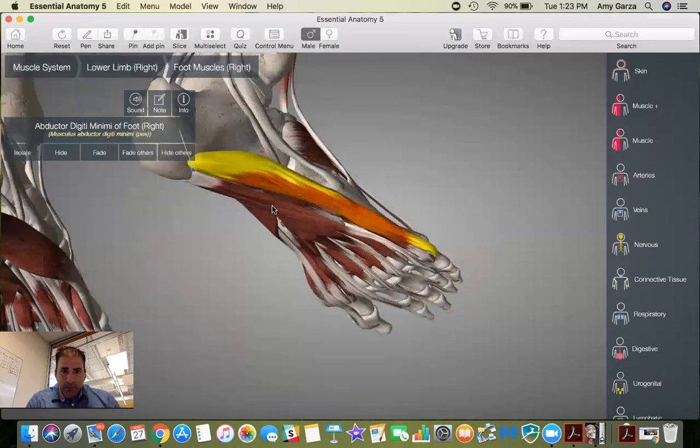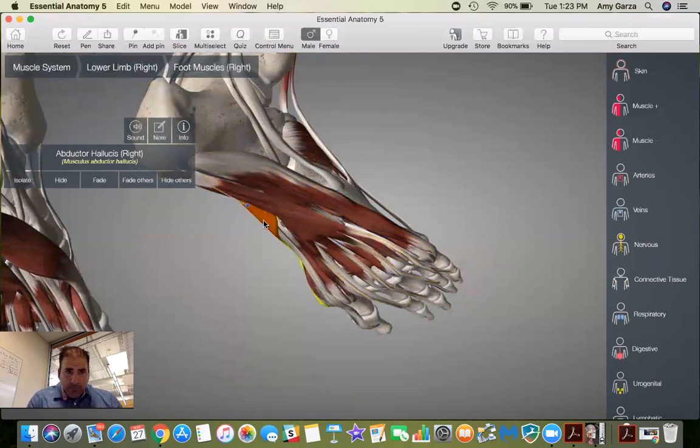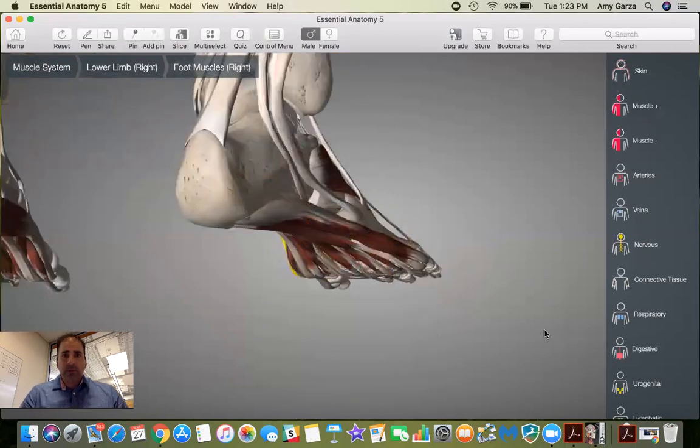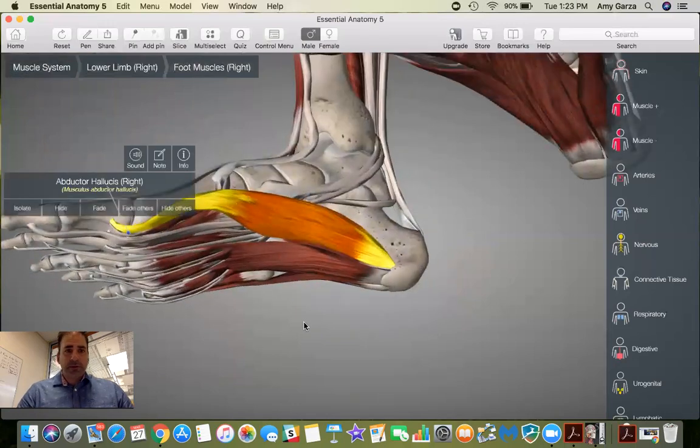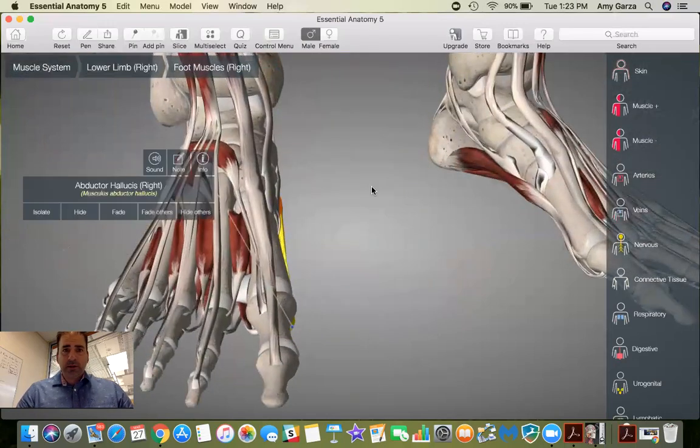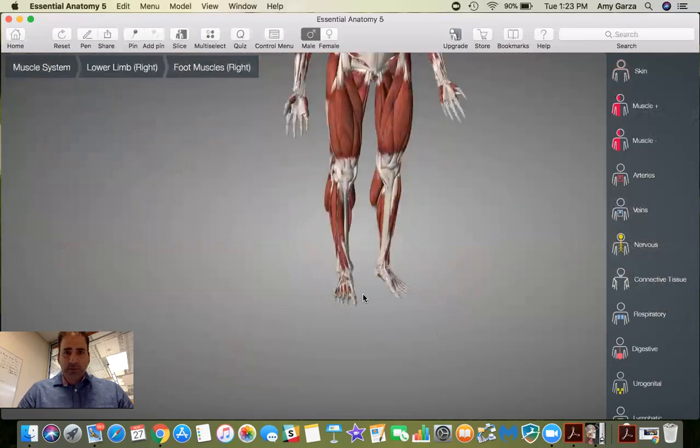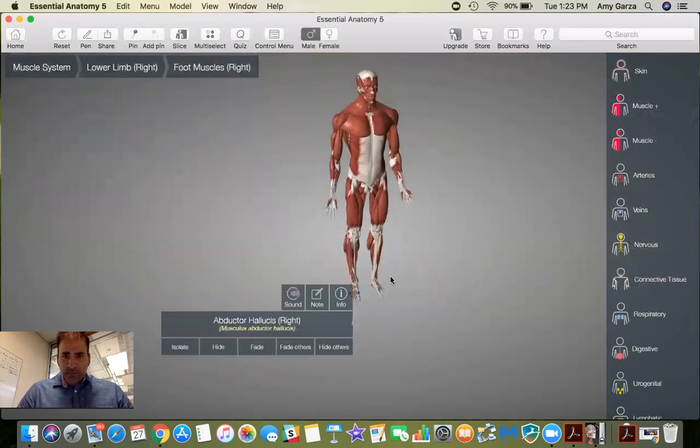There you go. All right, let me see here. There's your adductor hallucis. That's all the muscles already.